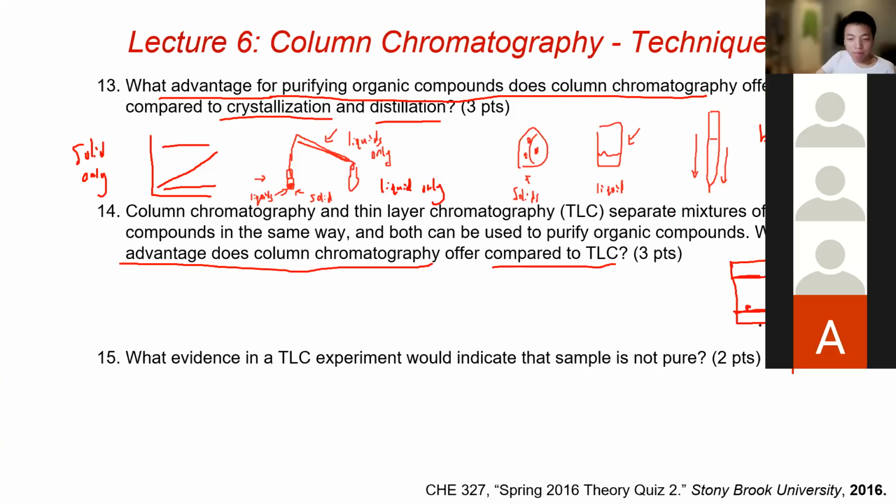And TLC is limited by its dimensions, with a very small width. And the compounds can only be spotted in a limited amount. You cannot spot too much, otherwise the plate will be poorly developed, because the compounds will be very concentrated and the separation will not be good.